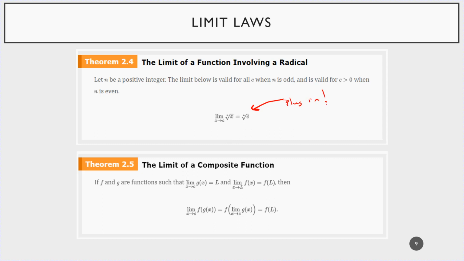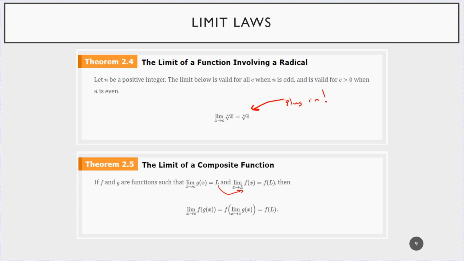All right. Now here's a tricky one. This is the limit of a composite function, and you'll see this will make more sense after I do the first example. If f and g are functions such that the limit as x goes to c of g of x is equal to L, and the limit as x goes to L of f of x is just f of L, then you have the following.